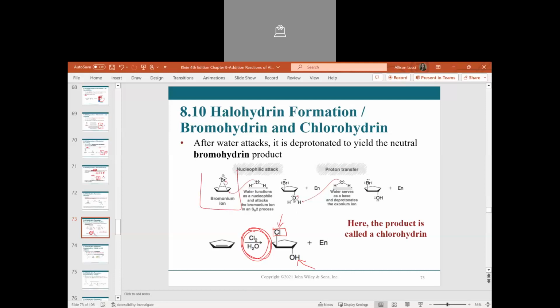We have the similar bromonium ion, or with chlorine as our reactant, the same process occurs, and our hydroxyl group would add to the other side. Just like with the bromine, we'll end up with the enantiomer. With chlorine, this halohydrin formation also gives the chlorine enantiomer. And just for fun, this is called a chlorohydrin.